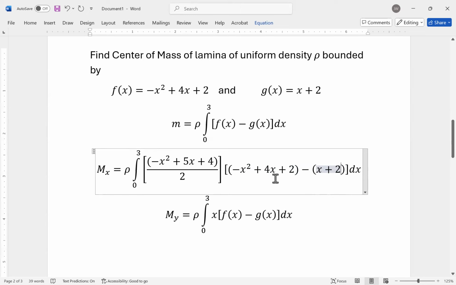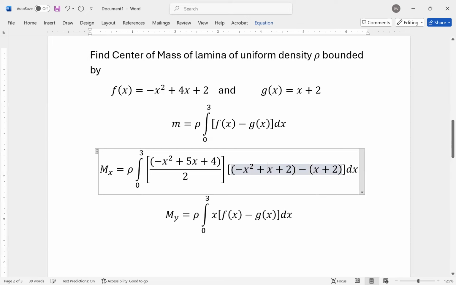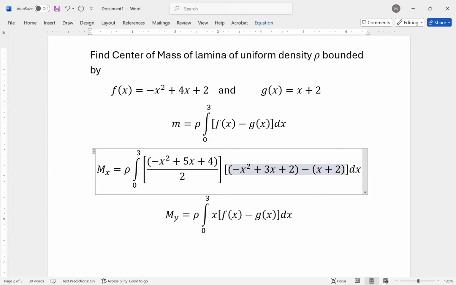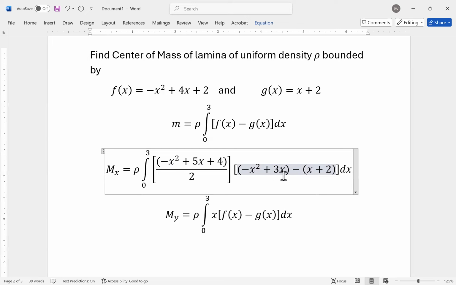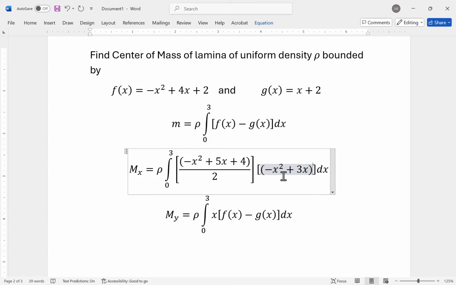And if we combine like terms here, we get 4x minus x, that's 3x, and then 2 minus 2 becomes 0. So this one does simplify pretty nicely if I distribute and combine like terms. I get negative x squared plus 3x.